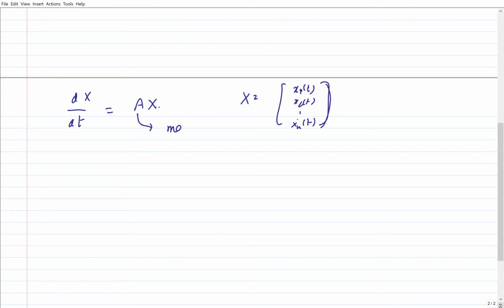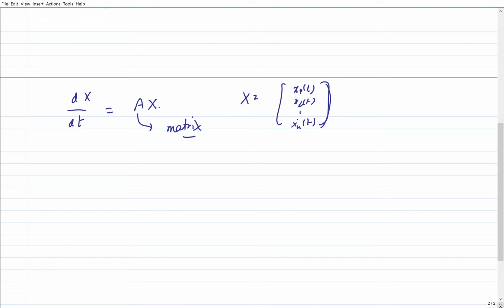taken to seek a differential equation of the form dx by dt equals A x, where x is now the column vector x1 t, x2 t, up to xn t, and A is some matrix.